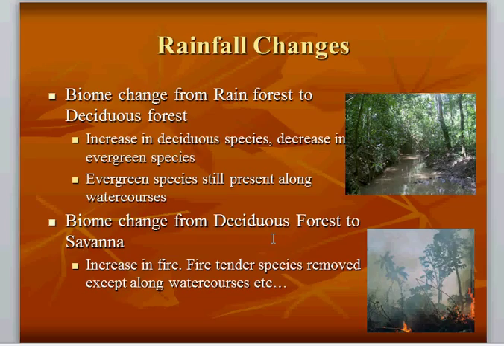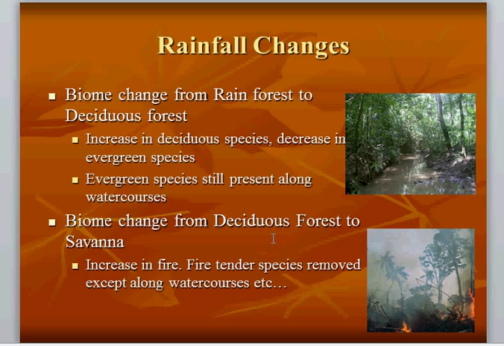So with the increase in seasonality, there will be an increase in fire, and deciduous forests will convert to savanna forests. And this sort of thing will be mirrored around the world. Okay?